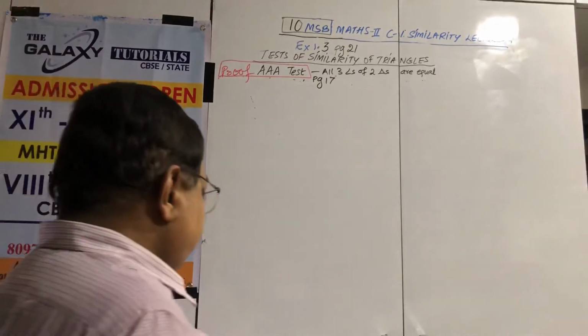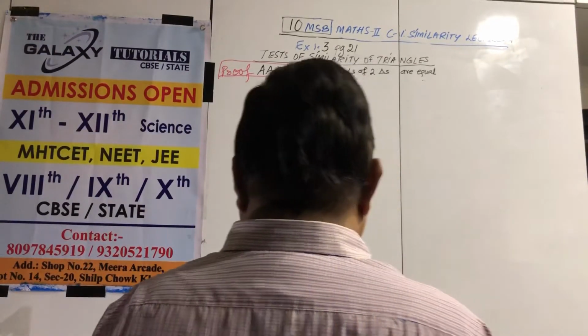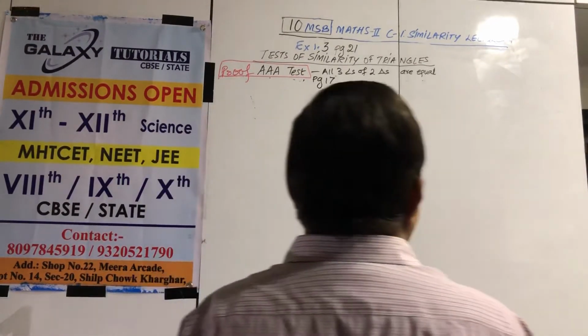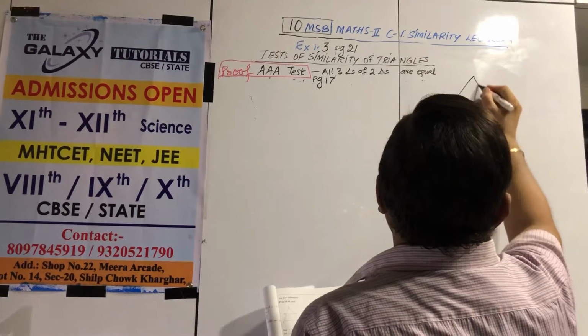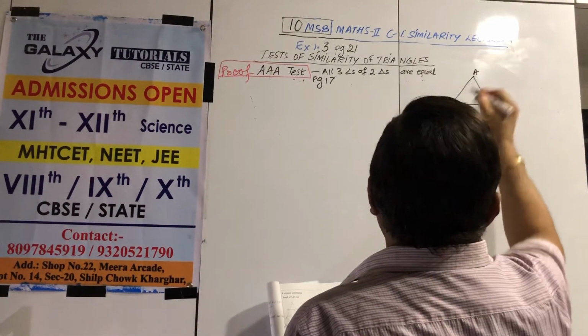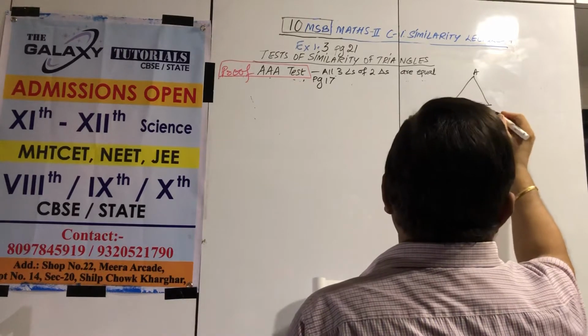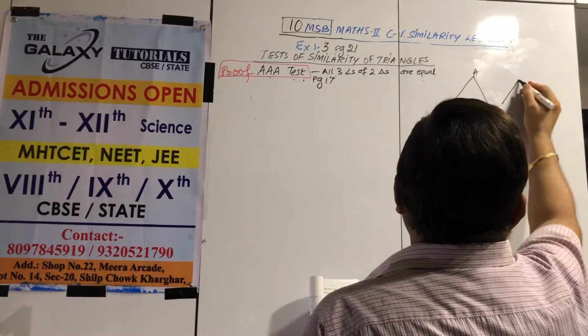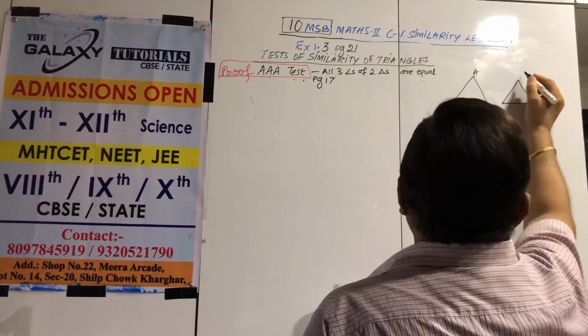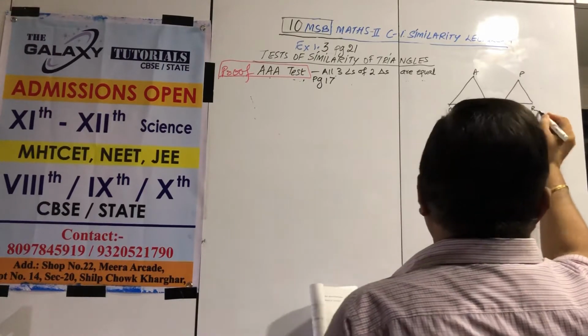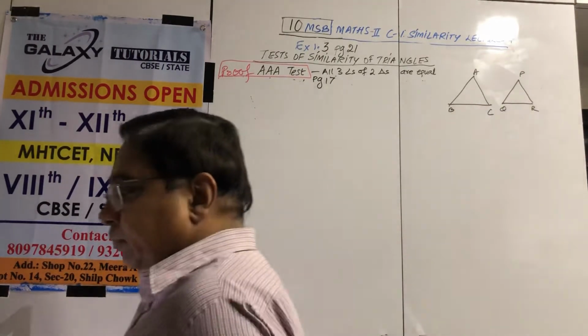What does it say? It says that in triangle ABC and triangle PQR, what has happened?